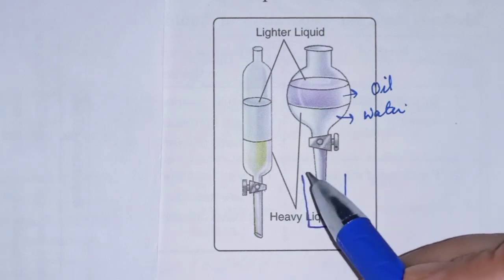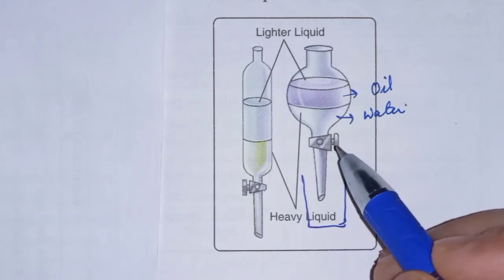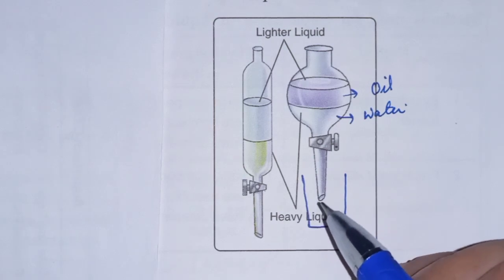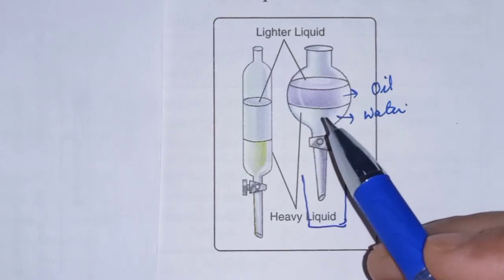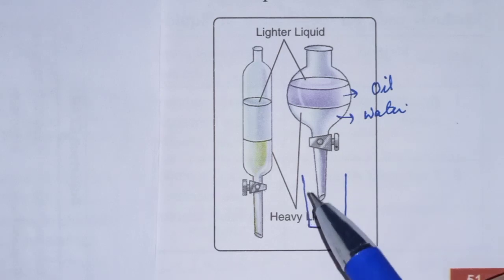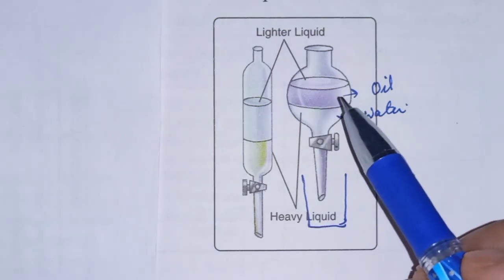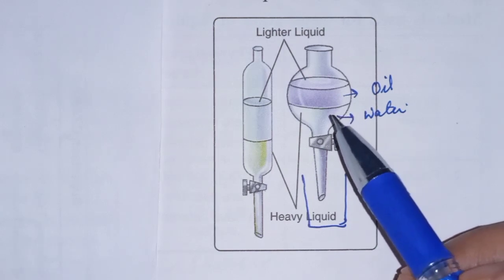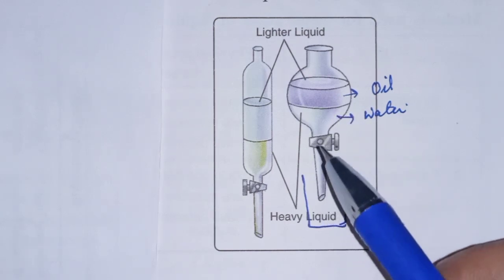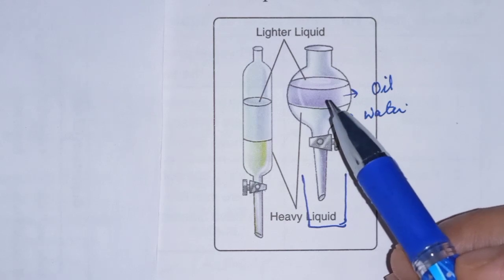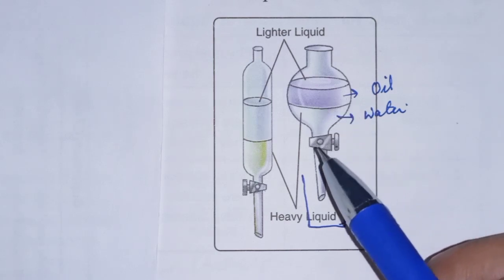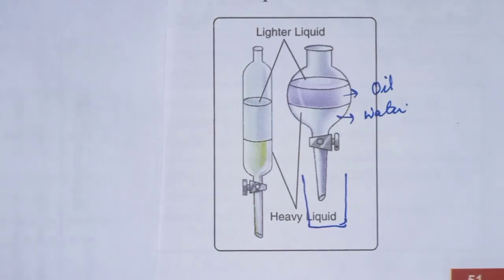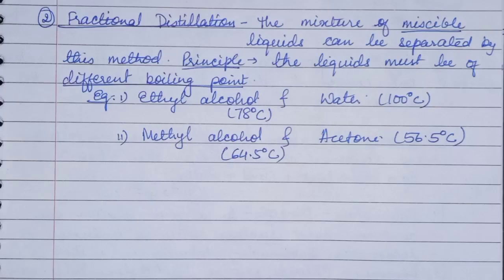Now we will take another beaker and again we will slowly open the tap and we will collect oil from the separating funnel. So like this we can easily collect both components which are present in the liquid. The first component will come first, which is at the lower layer, and the second component will come next when this is removed. So like this we can separate immiscible liquids.